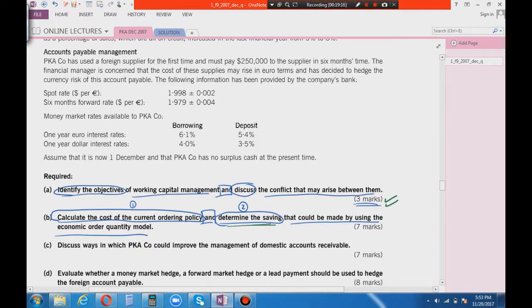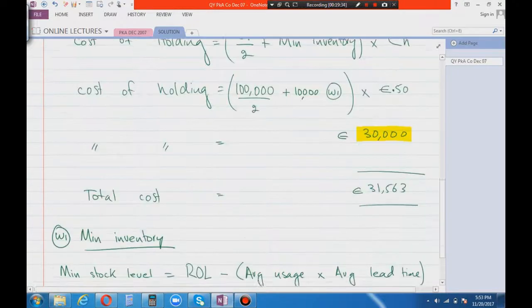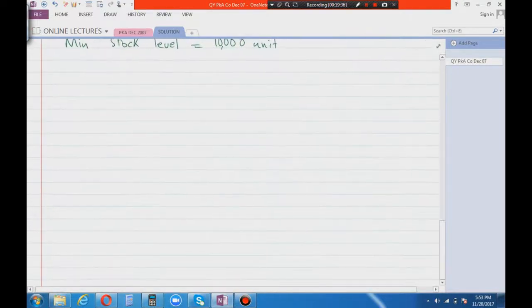Well, to calculate the saving, obviously you have to calculate what would be the cost from economic order quantity, and then we will see if economic order quantity is costing us more or our current policy is costing us more. So let's calculate the cost from economic order quantity.